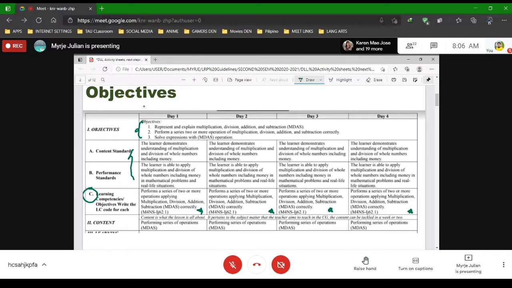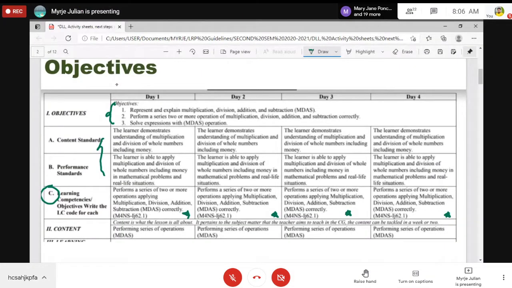But kayo, ayan, let's do it together. Is the set of objectives created aligned with the competency here? Yes or no? What do you think?